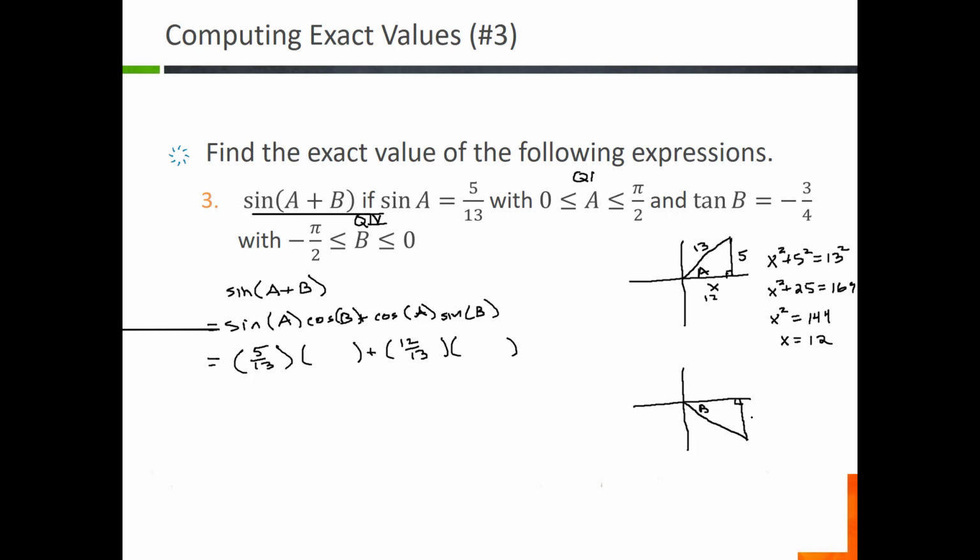So remember, tangent is the opposite, which we're going to say is 3, over the adjacent, which is 4. Now, what do we do with this negative? I think we looked at examples like this before, but remember when we talk about the dimensions of your unit circle, which we're not doing the unit circle here, but cosine was the x, sine was the y.